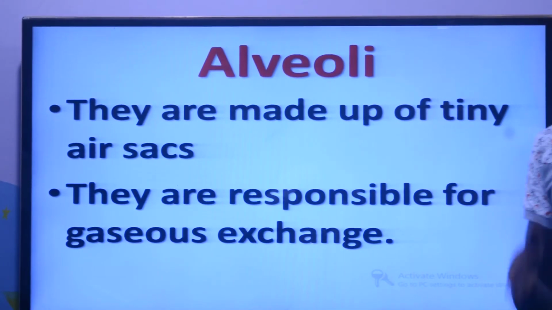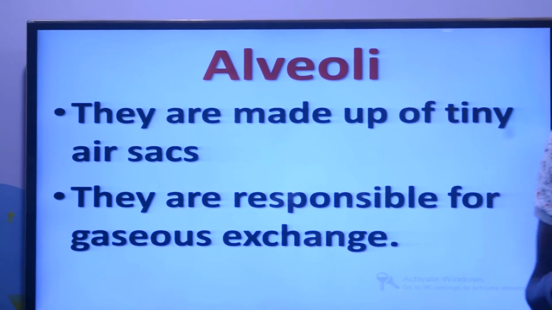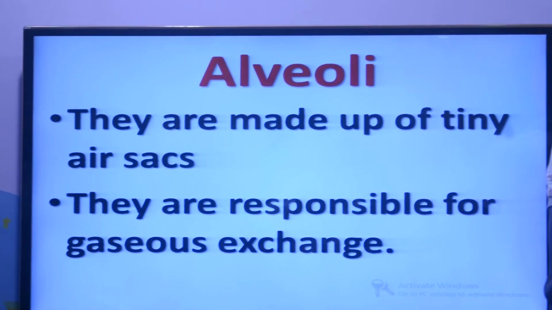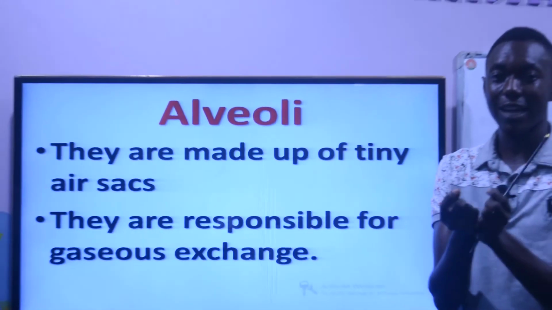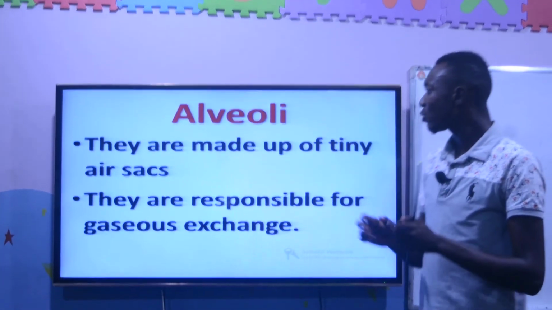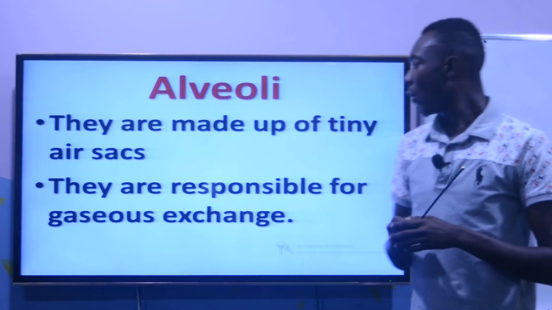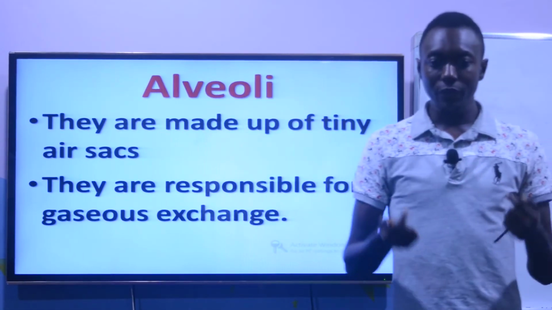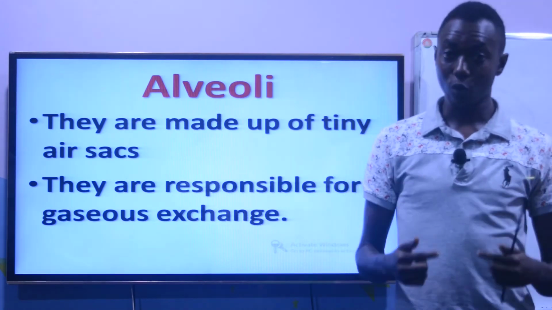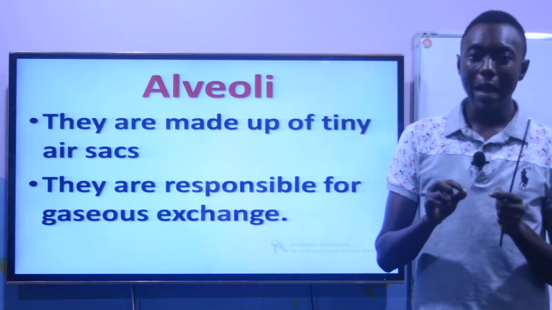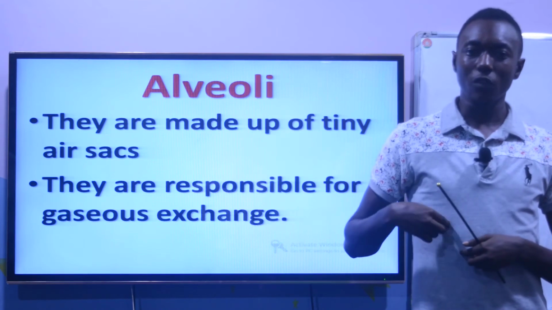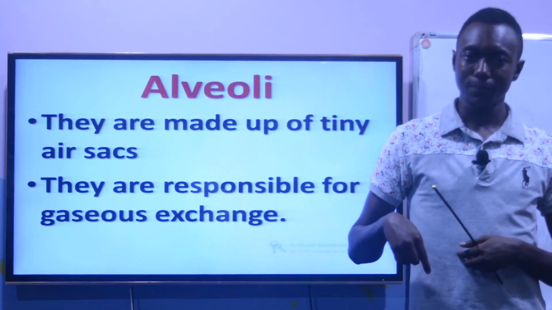Then it gets to the alveoli, which look like balloons. Okay? They are tiny air sacs. Now, let's look at what they do. When you breathe in and the air gets to the alveoli, that's where the exchange of gas takes place.